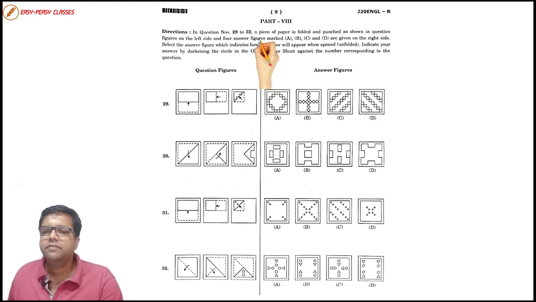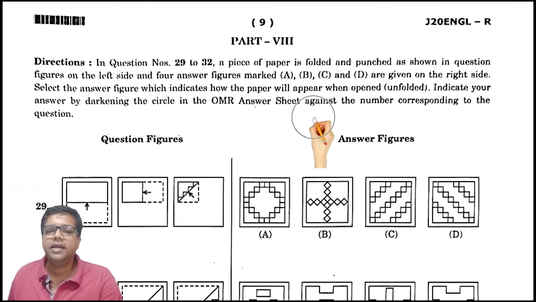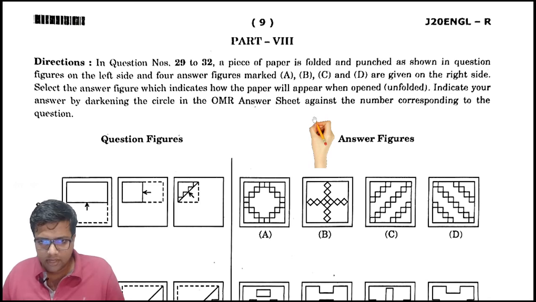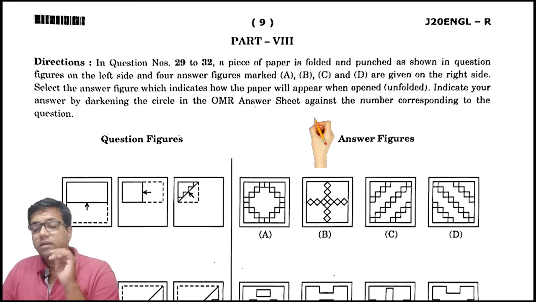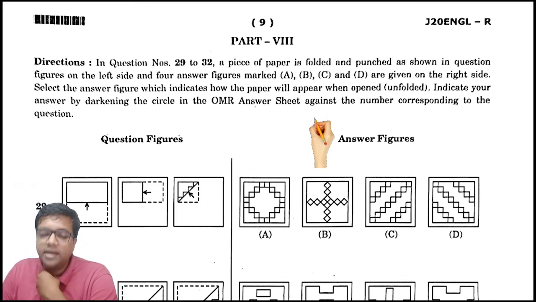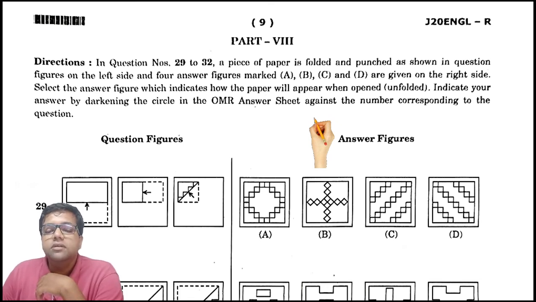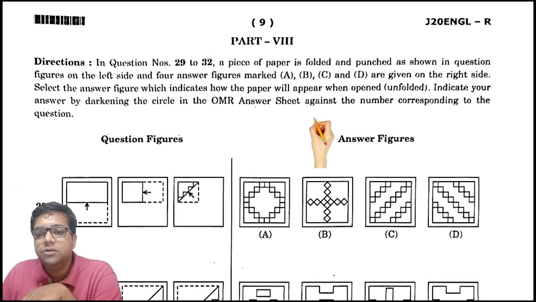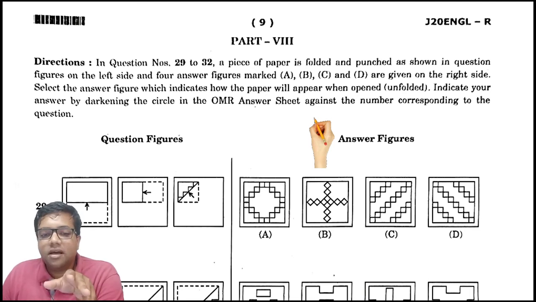Question number 29 falls in part 8. Let us go through the directions. Actually, without going through the directions, let me clarify this. Reading directions will consume a lot of time for many students.